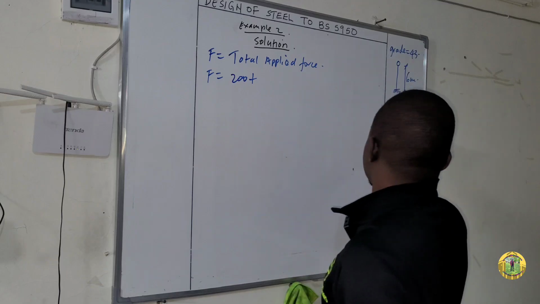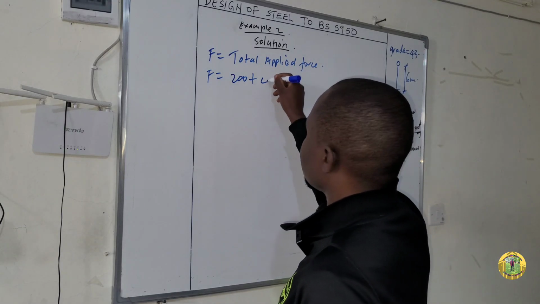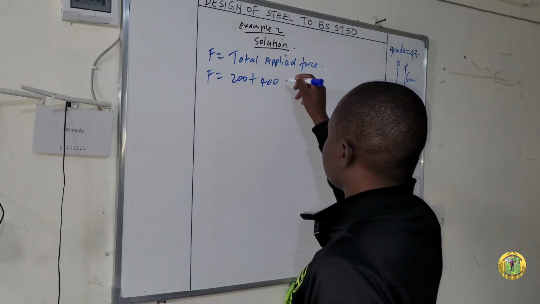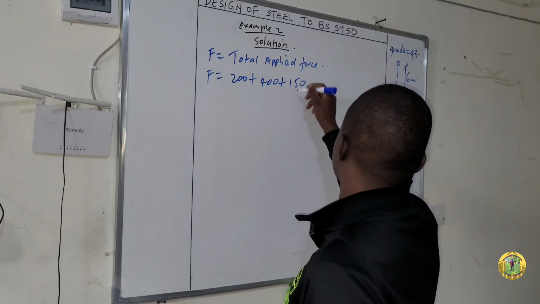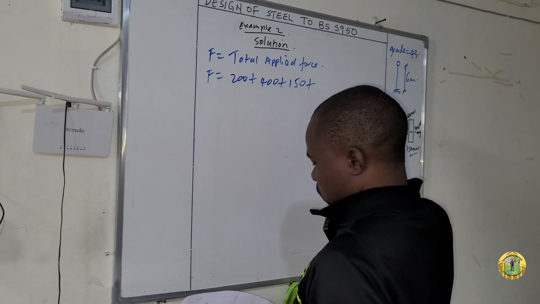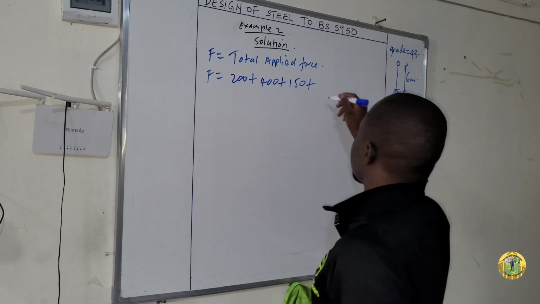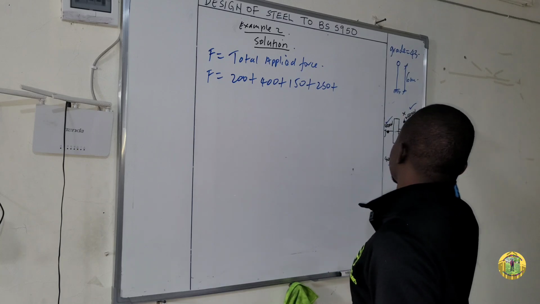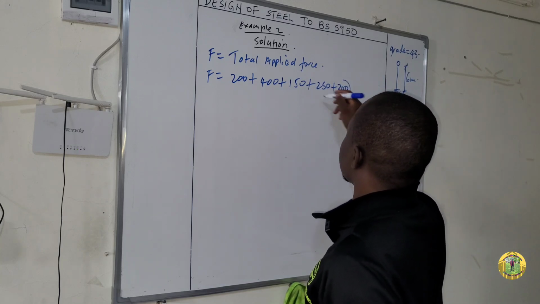So F is equal to 200 plus 400, plus 150, plus 250, plus 300, like that.